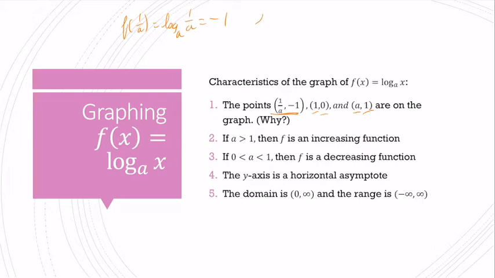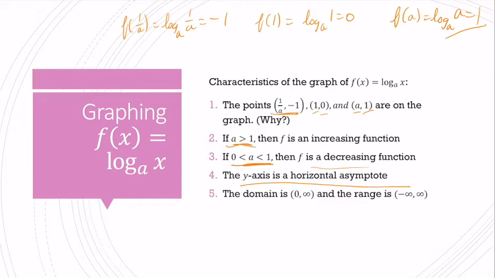If I have f of 1, that's log base a of 1, which is always 0. And if I have f of a, that's log base a of a, which is 1, using our logarithm rules, right? As long as a is greater than 1, it's an increasing function. If a is a fraction, then it's a decreasing function. My y-axis is my vertical asymptote. My domain is from 0 to infinity, and my range is from negative infinity to positive infinity.